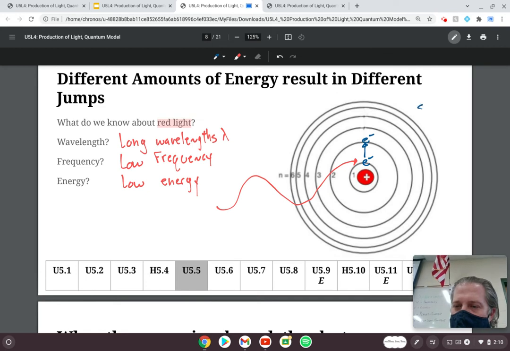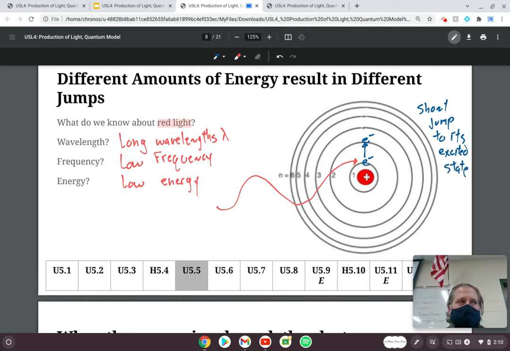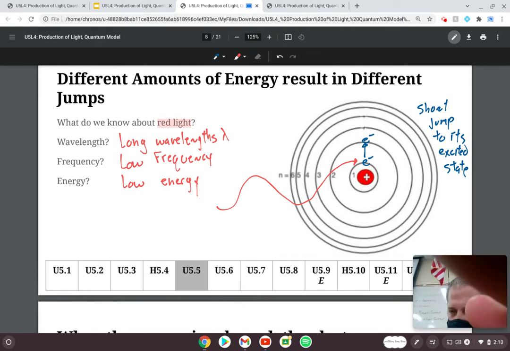So it'll be a short jump to its excited state, because it absorbed low energy.